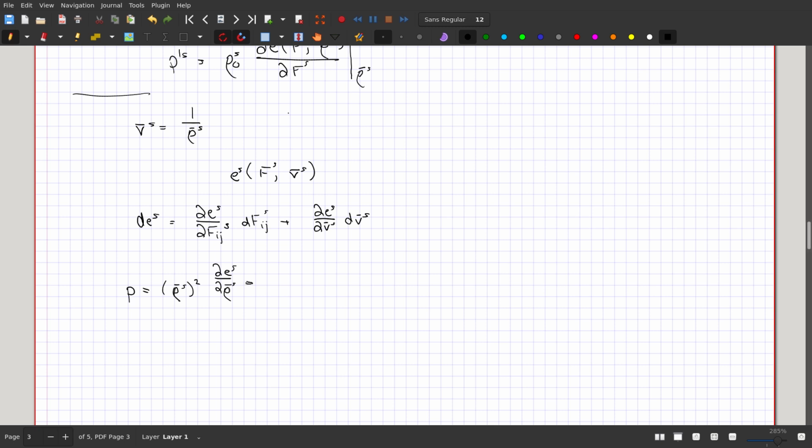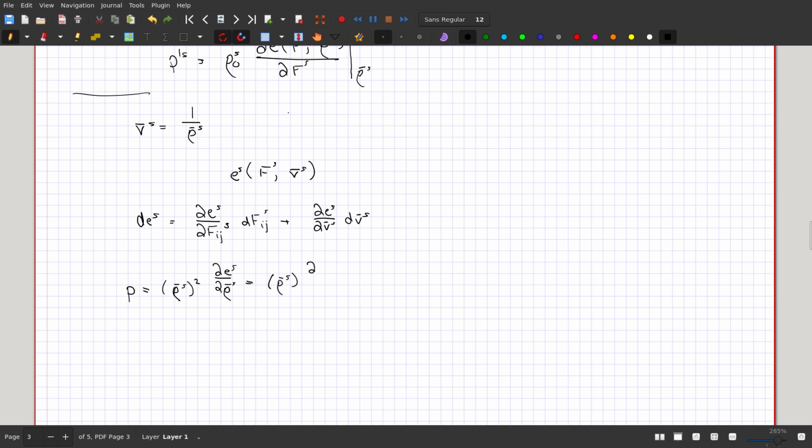And if we introduce our new definition of the specific volume as 1 over the density, then what we can show is that this equals partial E_S partial V_S.